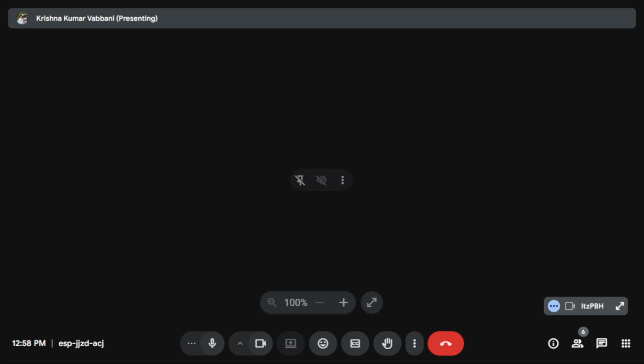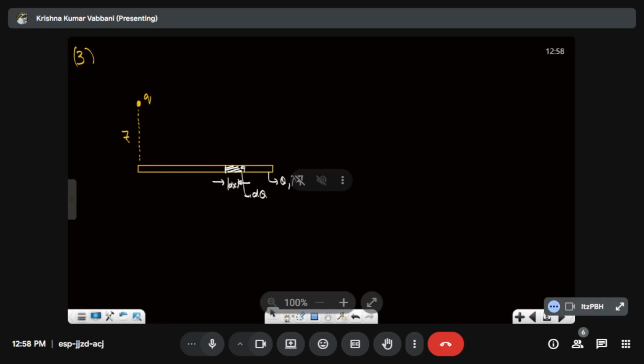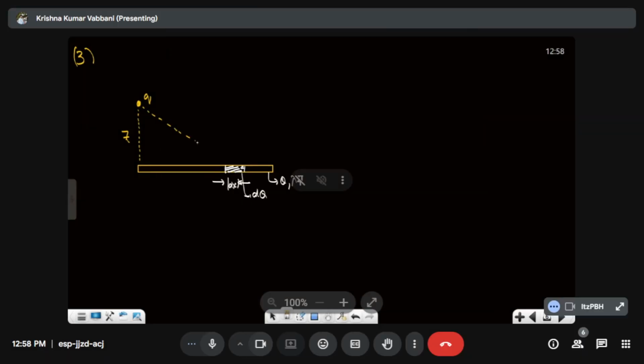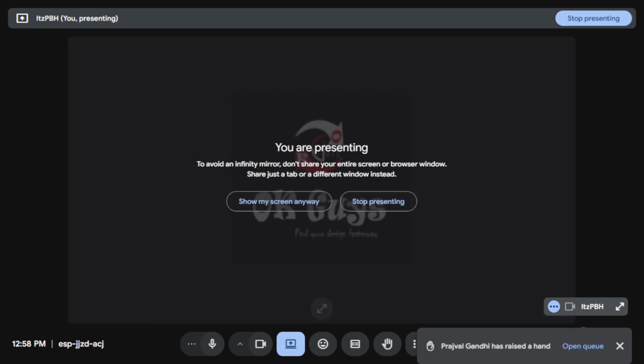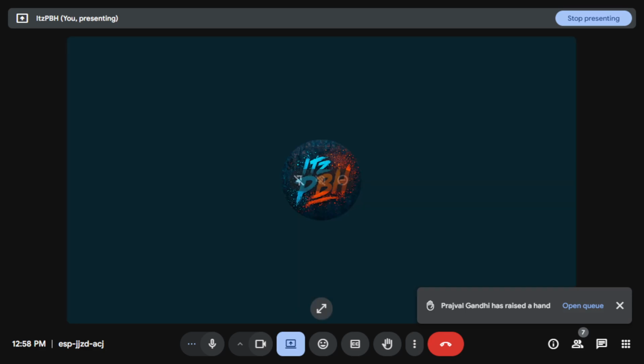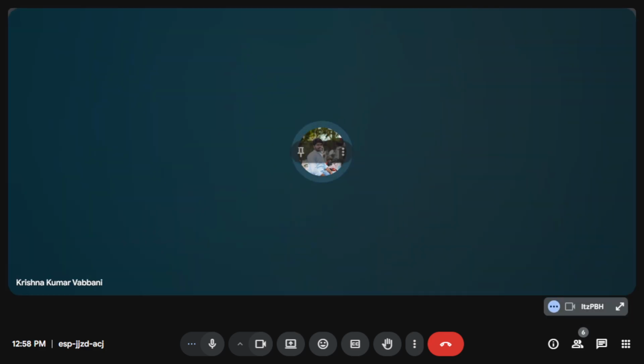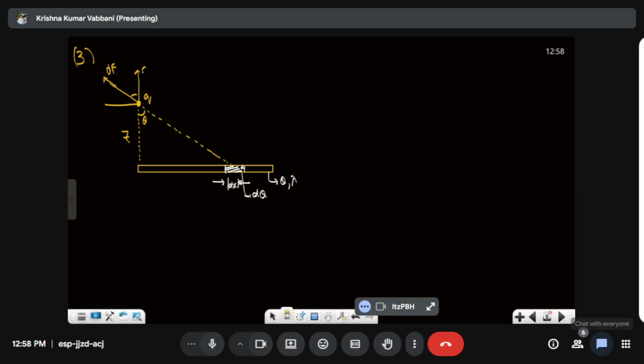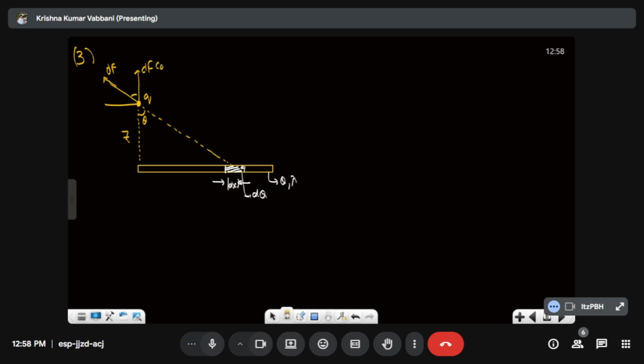So let's apply the Coulombic force. So this is the plus and this is the plus. This is my dF and this is my theta. So this is going to be dF cos theta, and this is going to be dF sin theta.